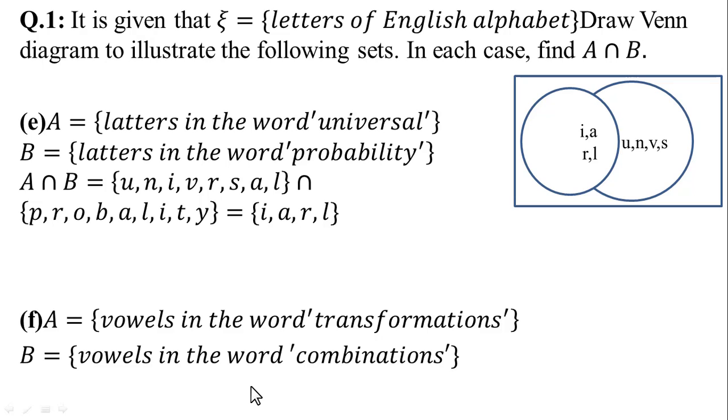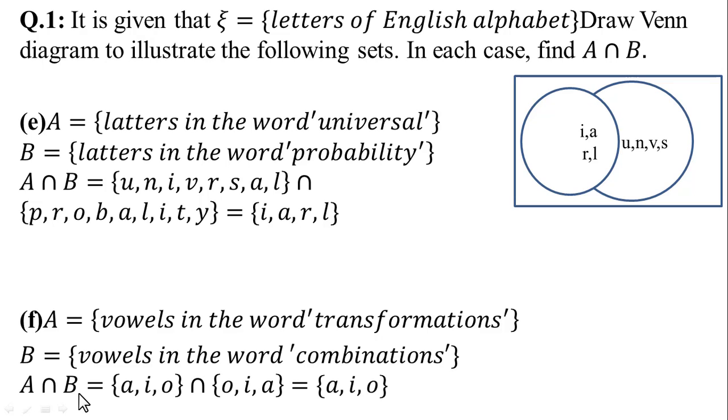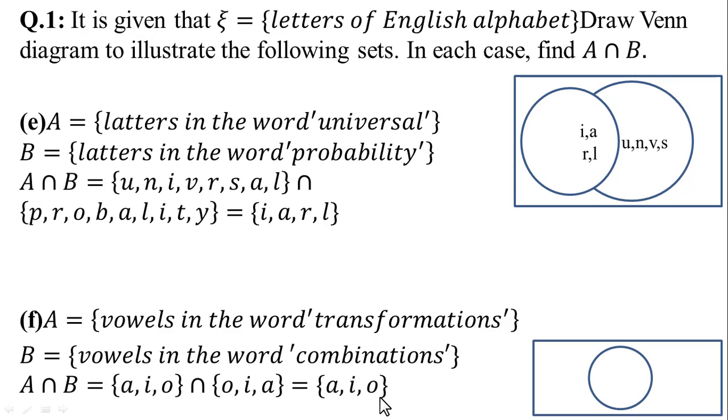Now take the intersection A intersection B, which is A, I, O intersection A, I, O. Both are the same set, so the answer is A, I, O. Now draw the Venn diagram. First of all, the universal set, and both are the same set, so draw both sets and the elements are the same, A, I, O.